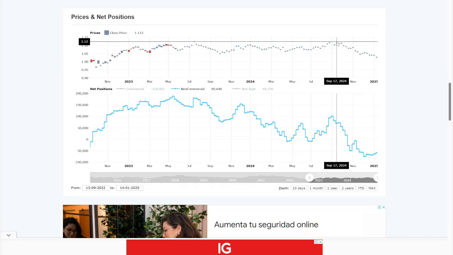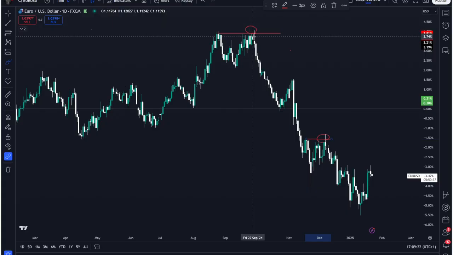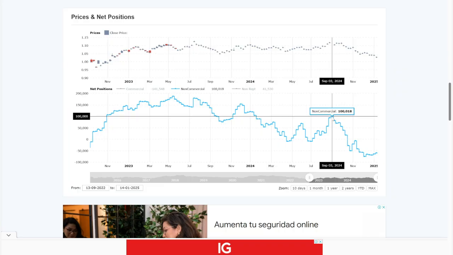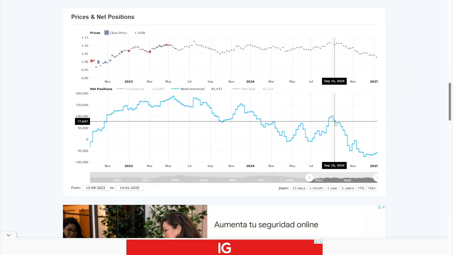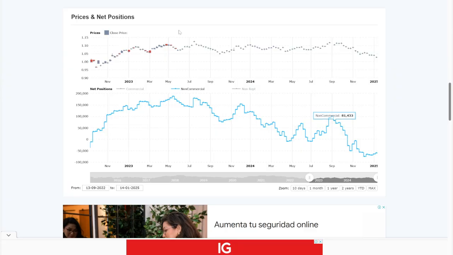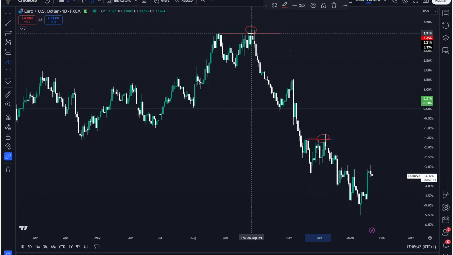And if you can see here, it was September 17, around this level, around this week, this distribution, they start to load a lot of money short, and the next COT report is extremely short. The next week, extremely short. September 24. We are here.